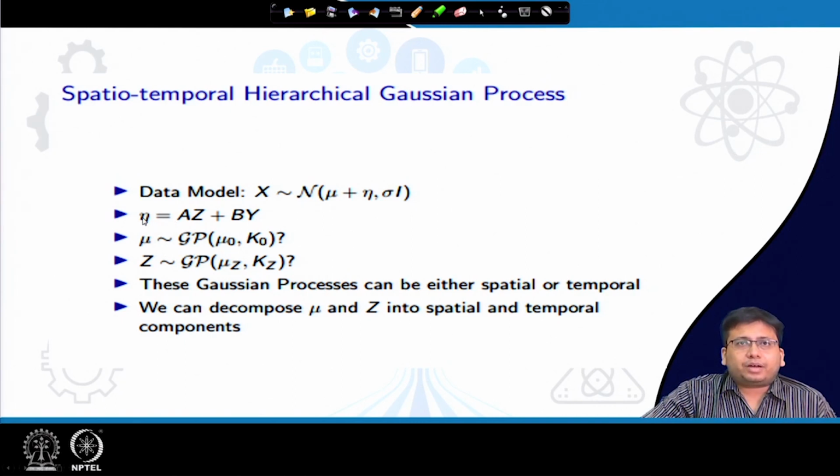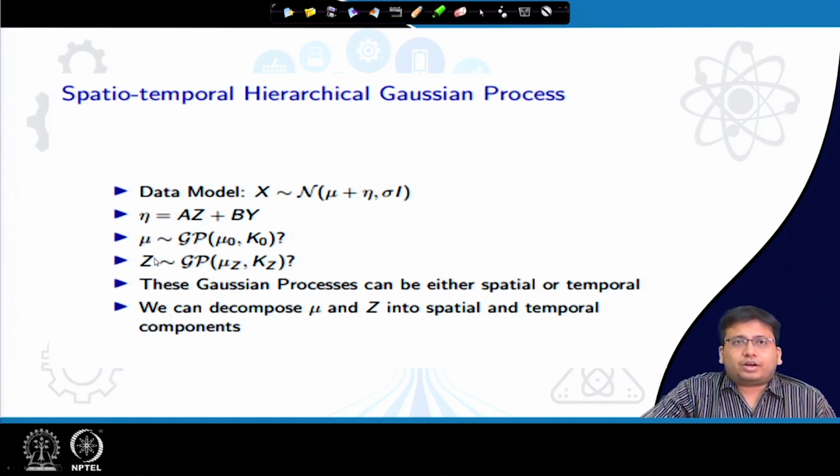If you remember, eta, which we called the global component, can be expressed as Az plus By, where z is the latent variable at different locations, y is the set of covariates at the different locations, and A and B are the transformation matrices. That is, they combine the latent variable values at different locations and pass them on to each location.